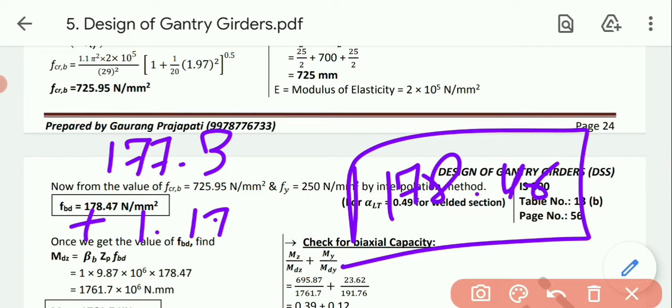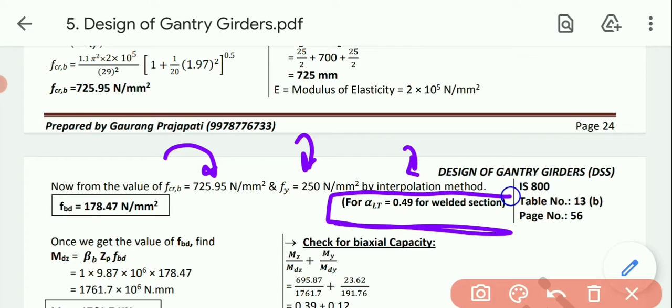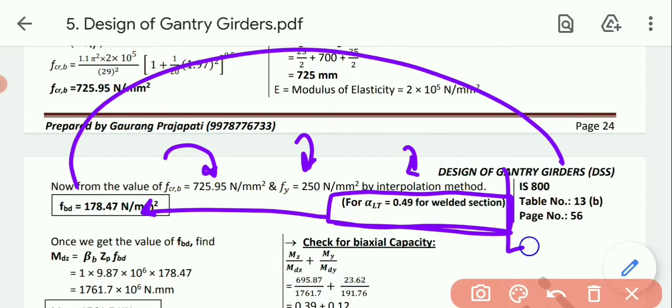So from the value of FCRB 725.97 Newton per mm square and Fy 250 Newton per mm square, by the interpolation method for alpha LT equals 0.49 for the welded section, I can easily get this value using the reference table 13B, page number 15.6.